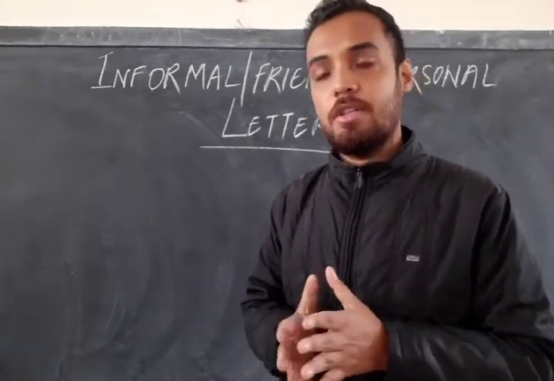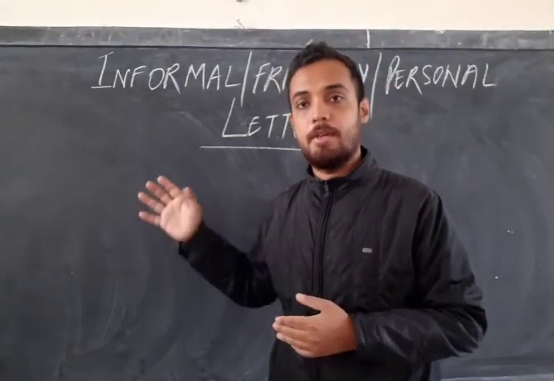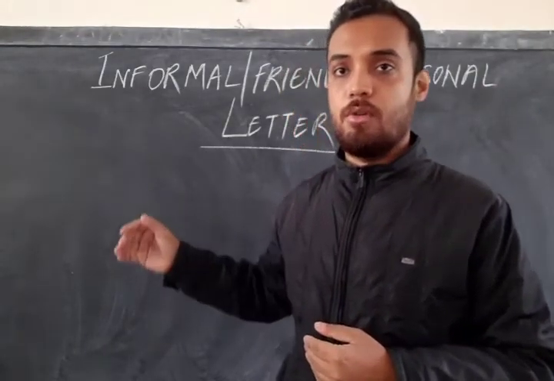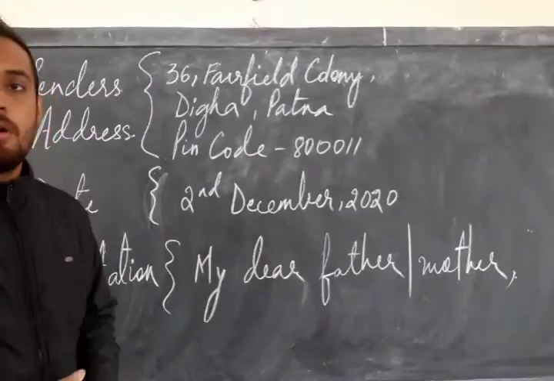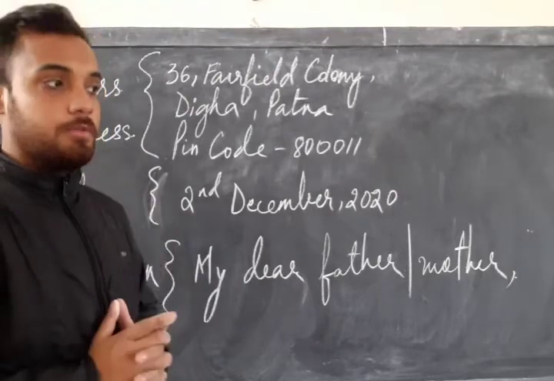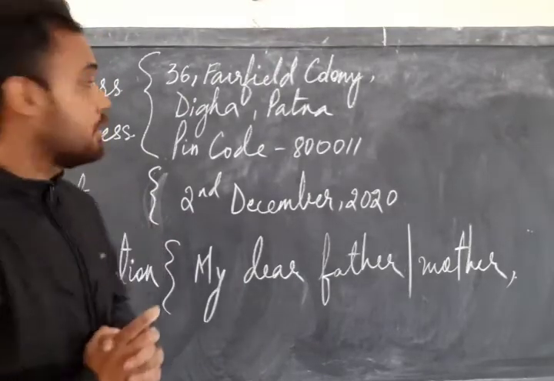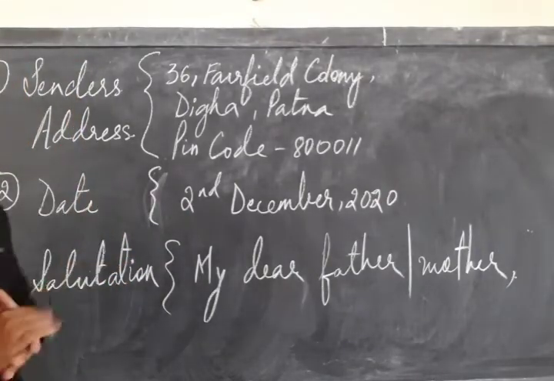Now, what is the structure for writing an informal letter? That I'll be explaining to you point-wise. Now the format for writing an informal letter is, the first thing at the top of the page, what we write is the sender's address.